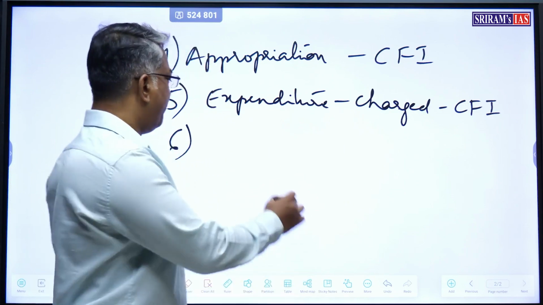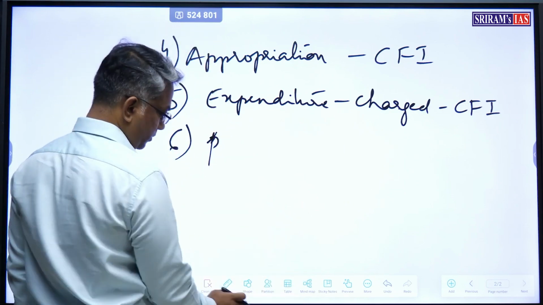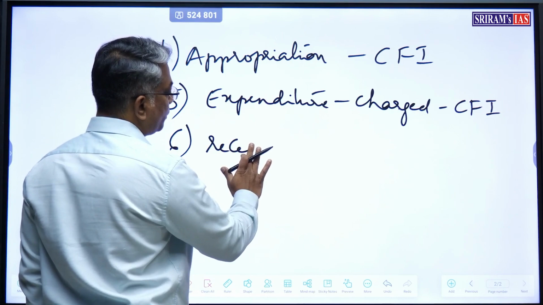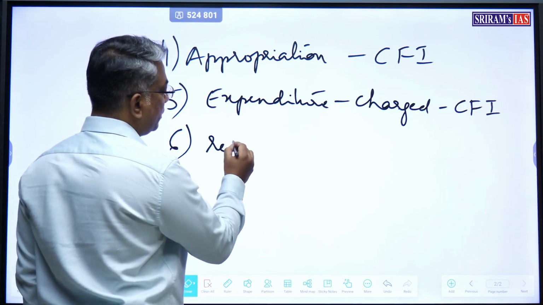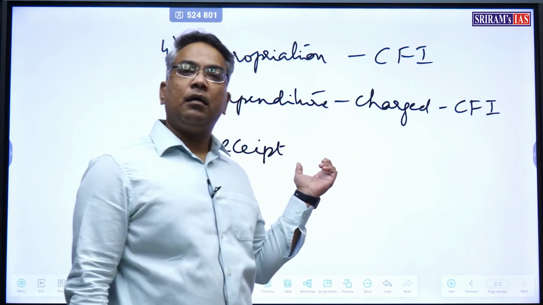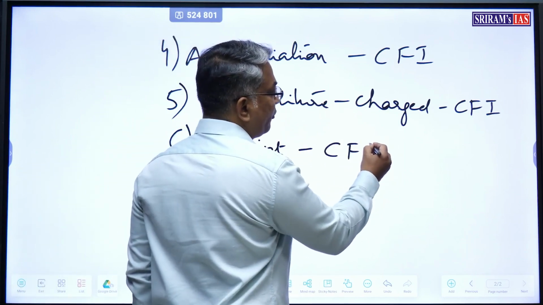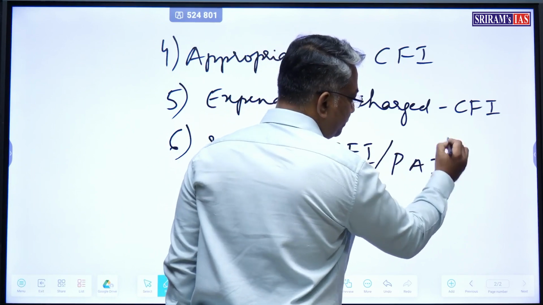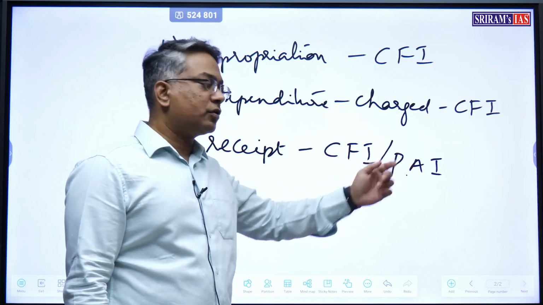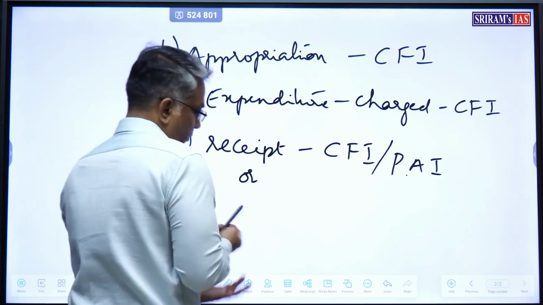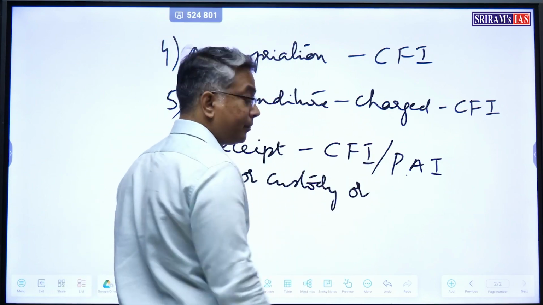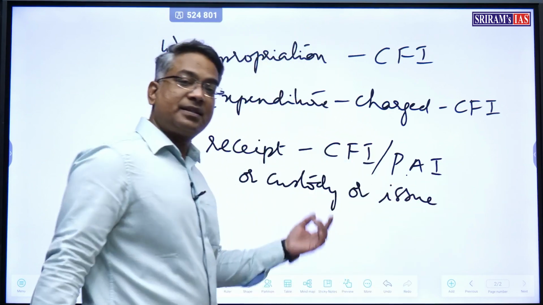Next, payment or receipt of money on account of Consolidated Fund of India or public accounts of India, receipt of money on Consolidated Fund of India and public accounts of India, or custody or issue of such money.